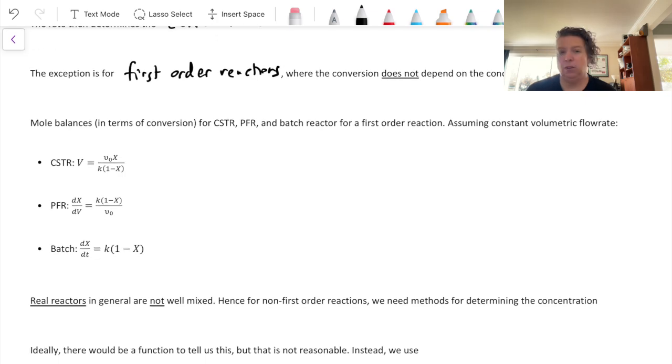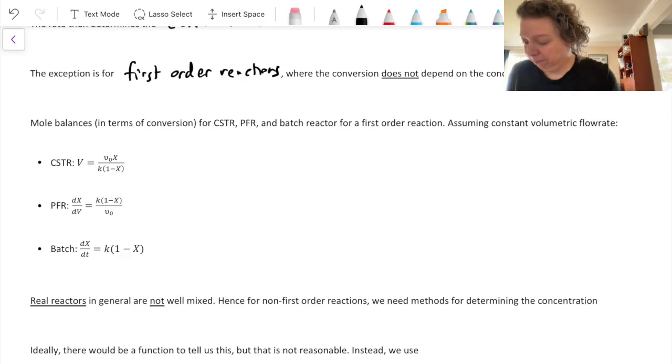If you think about our ideal reactors, the CSTR, the PFR, the batch reactor, and we use a first order rate law, these are what the mole balances look like. There is no concentration dependence, and this is due to the way that the mole balances simplify after adding in the rate law.